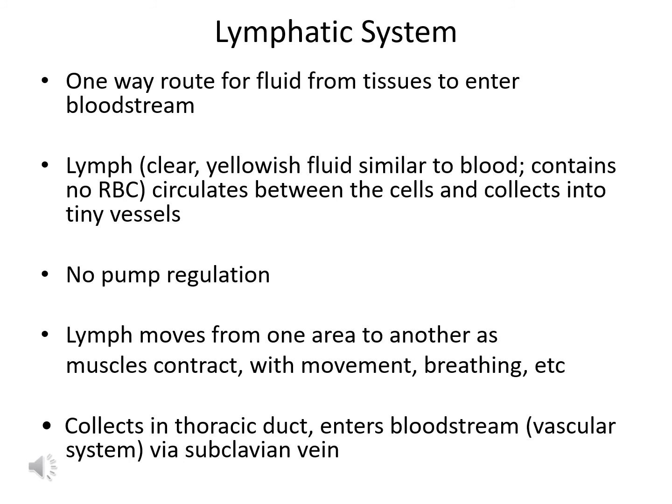The lymphatic fluid can move from one area to another simply as we move, or as our muscles contract, or as we breathe. Eventually, the lymphatic fluid is going to collect in the thoracic duct and it's going to enter into the bloodstream through the subclavian vein. This is how those fat-soluble nutrients eventually can get into the bloodstream to circulate.